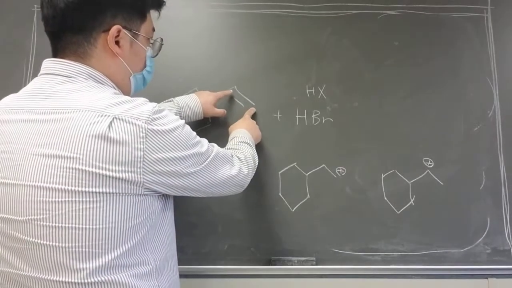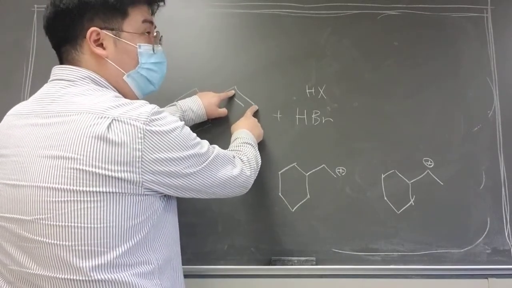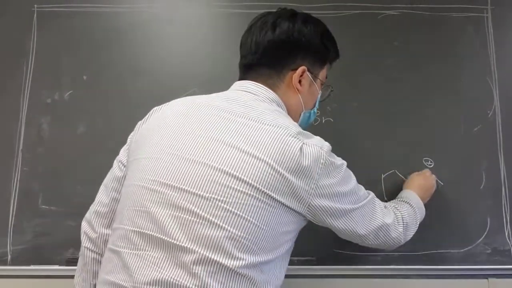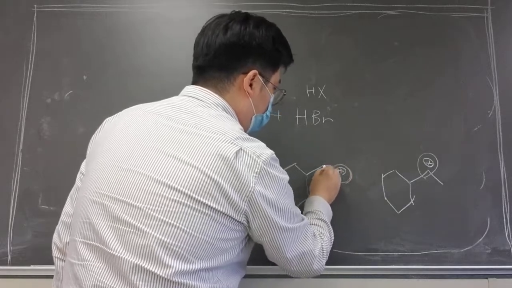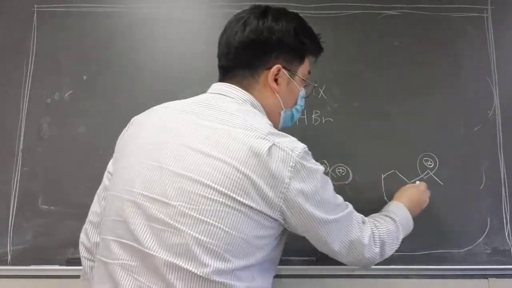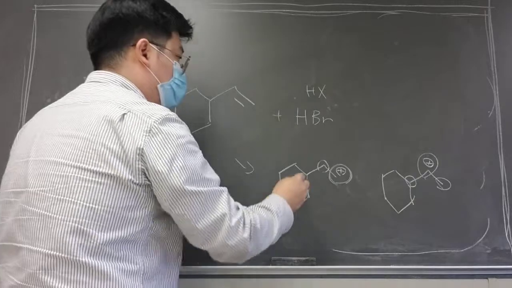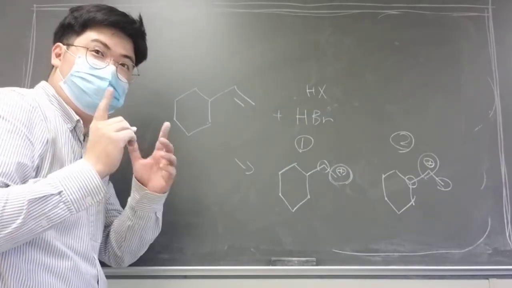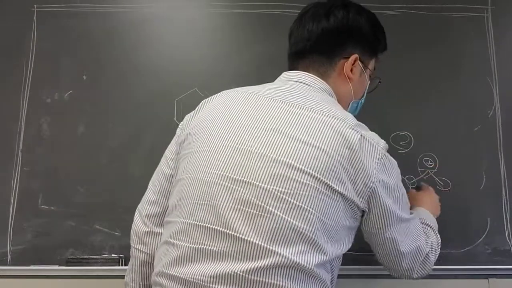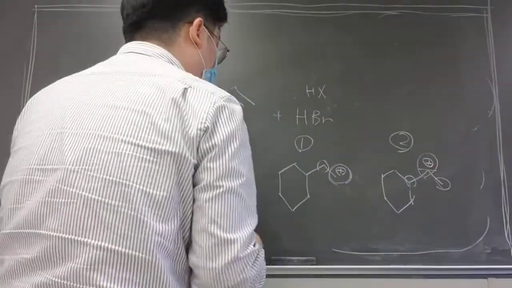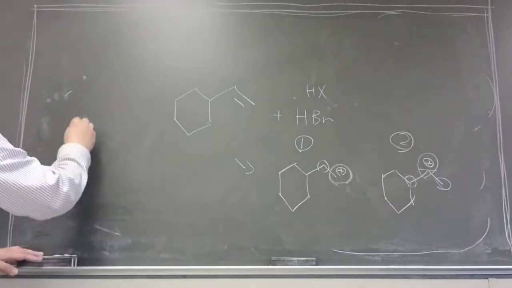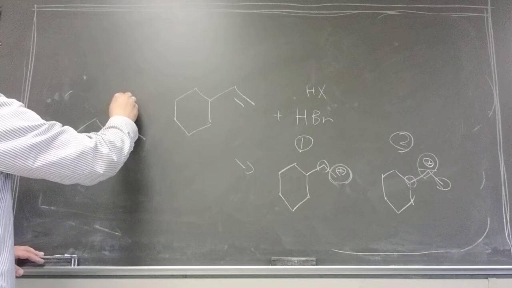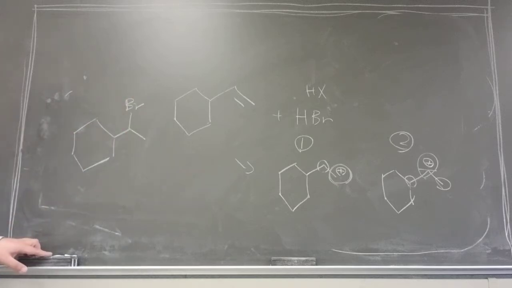So you can have a choice to put the carbocation here or here. And think about it. This one has one R group here. This one has two. So if this is 1 and 2, which one is the more stable carbocation? Number 2. This is the 2 here, it's more stable. That's good. So if that is true, your final product will be more dominantly this one for sure, right?